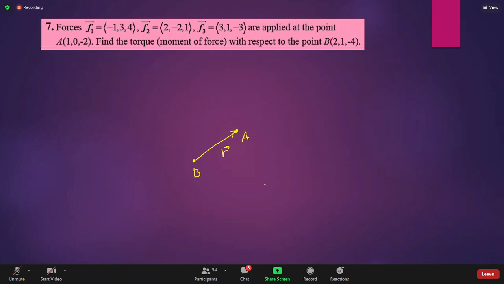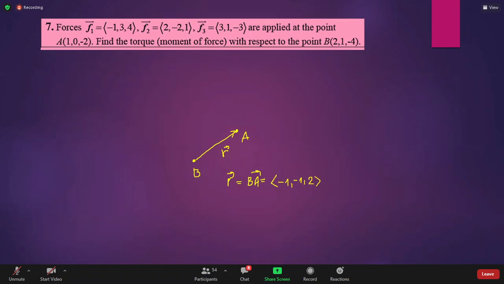That's an interesting thing. So we have to note that the radius vector R is vector BA, and that means from A subtract B, so 1 minus 2 is minus 1, 0 minus 1 is also minus 1, and minus 2 minus negative 4 is positive 2. That's one thing.